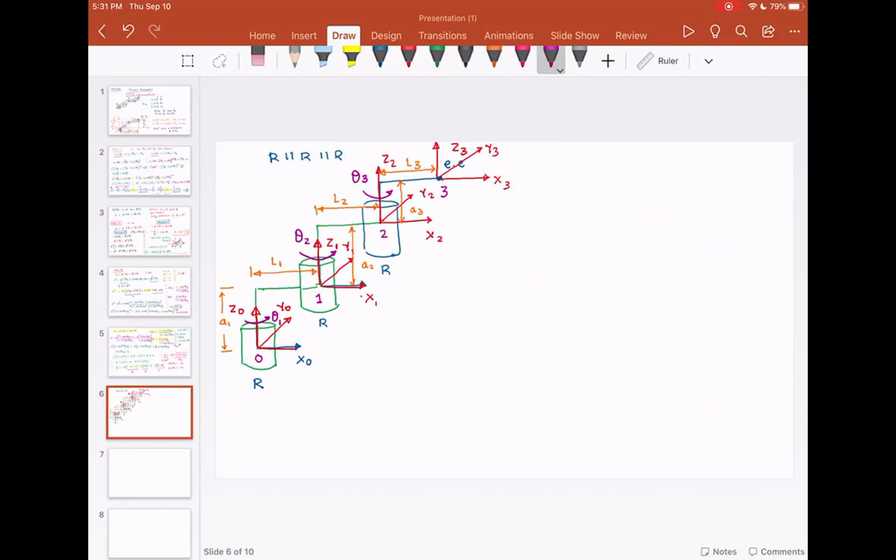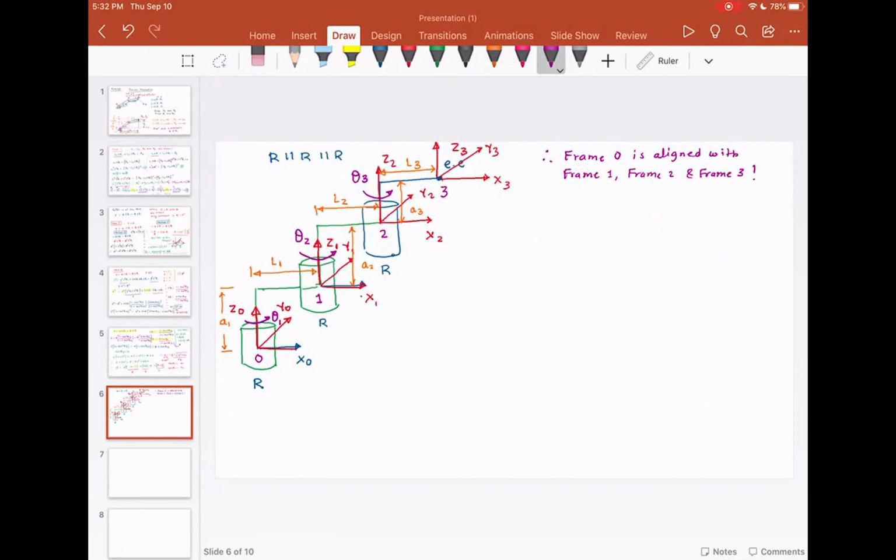Now, one key observation here is, fortunately for me, frame 0 is aligned with frame 1, frame 2, and frame 3.